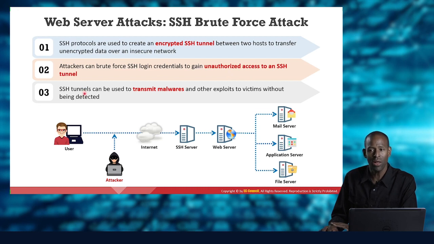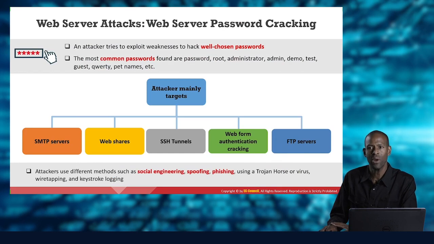And so meanwhile, while I think, wow, everything is secure, it's HTTPS, realize that the attacker is able to run exploits, transmit malware, and do other types of pretty bad stuff because SSH has been compromised in a brute force attack. Another type of attack is a web server password cracking attack.